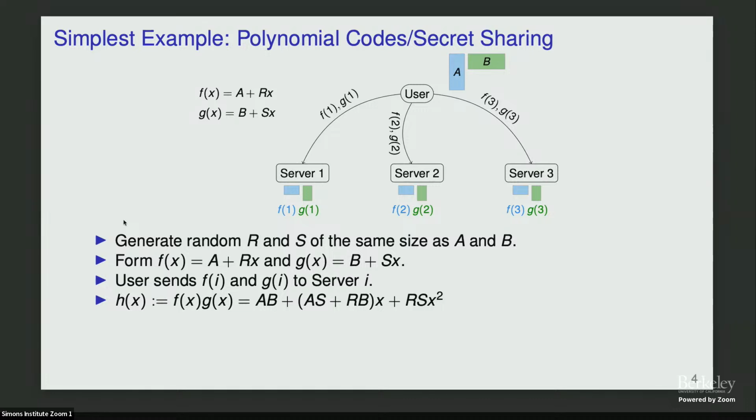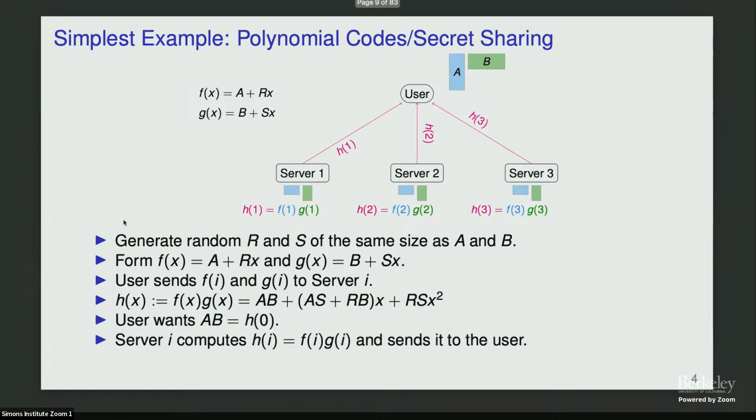It's this polynomial here, and you can see that the answer we are interested in appears as one of its coefficients. This polynomial being of degree 2, if you had 3 evaluations of it, which is what the servers are sending back, you can retrieve all the coefficients of your polynomial, which retrieves what you are interested in.